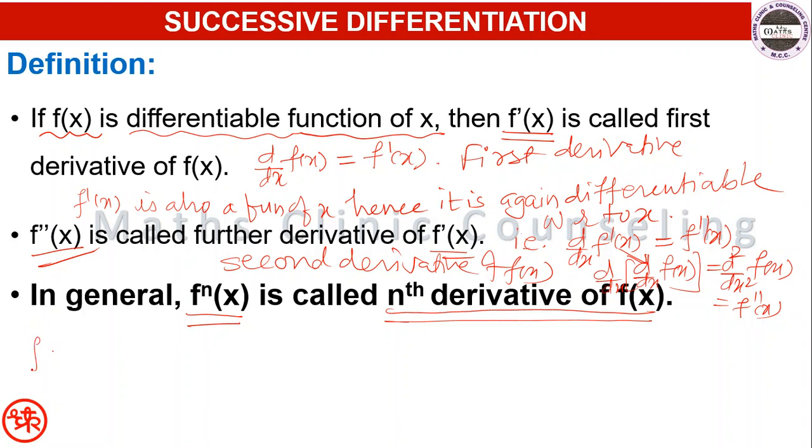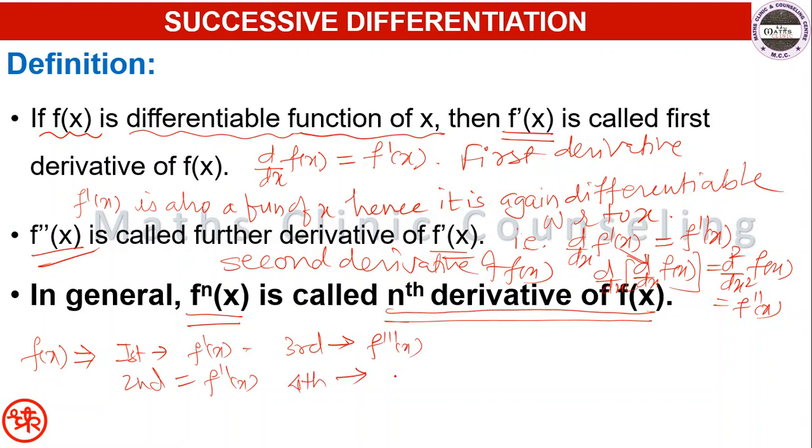Look, the given function is f of x. First derivative is f dash of x. Second derivative is f double dash of x. Third derivative is f triple dash of x. Fourth derivative is f4 of x, right?